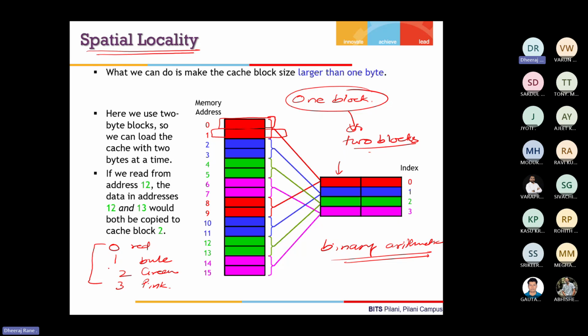But here, whenever a reference is made, we will be picking up two blocks so that we can take advantage of the spatial locality.